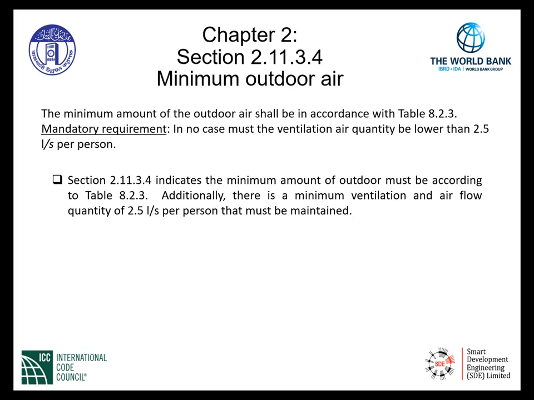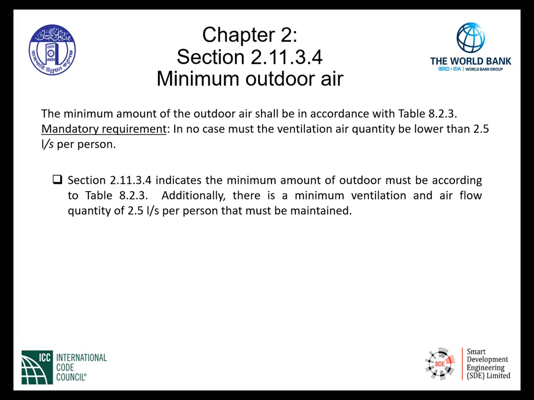And we recall from that table there are 5 columns. The first column is the occupancy classification. The second column is the rate of airflow in liters per second per person in the breathing zone. The third column was the area airflow rate in square meters, based upon the area of that particular occupancy or zone.